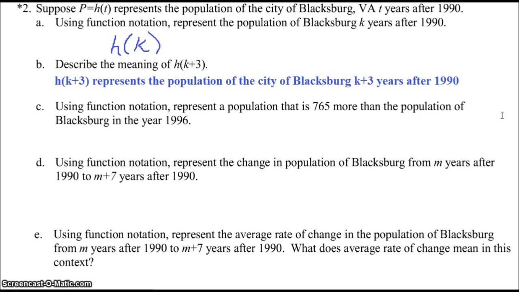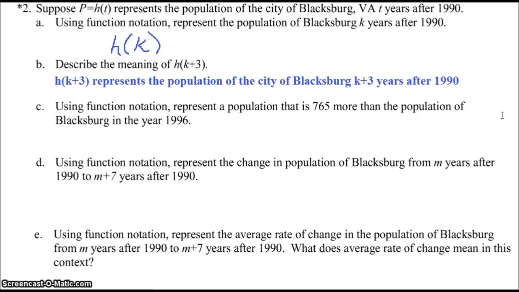Part C, using function notation, represent a population that is 765 more than the population of Blacksburg in the year 1996. There's a couple things going on in this sentence.